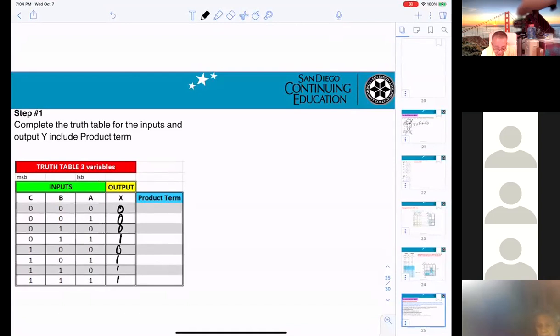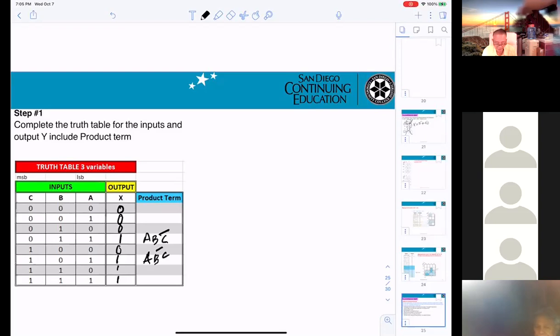And now you can see in this one here, A 1, B 1, C 0. So A, B, not C. How about this one? Not A, B, C. A, not B, C, this one.